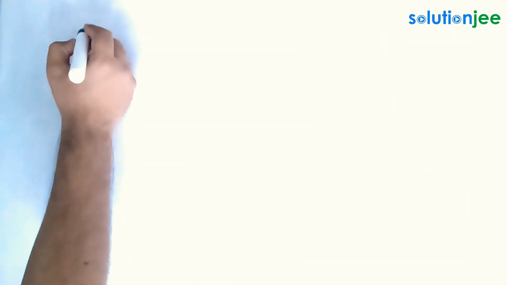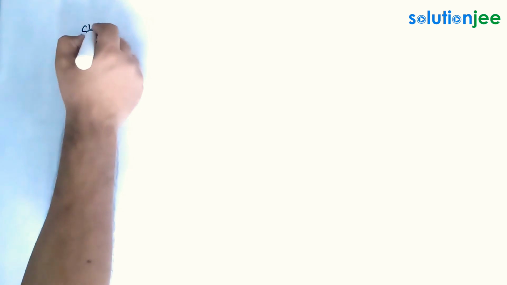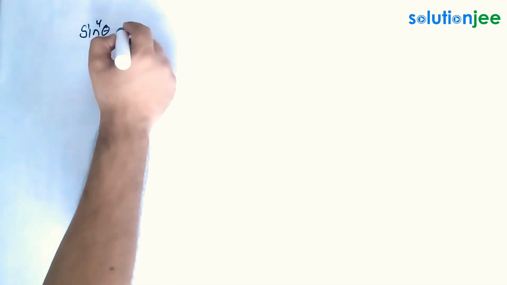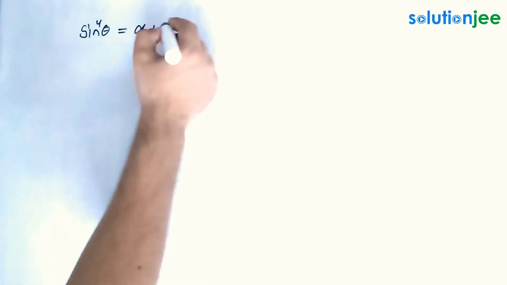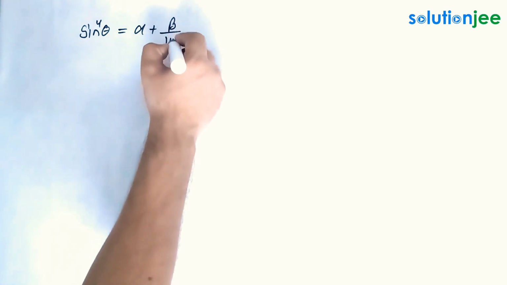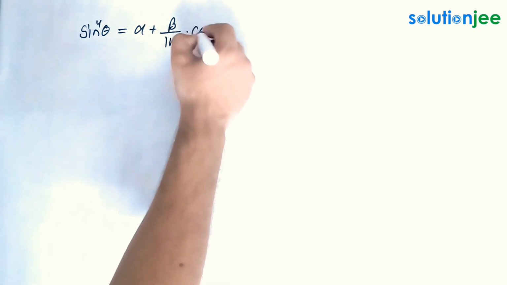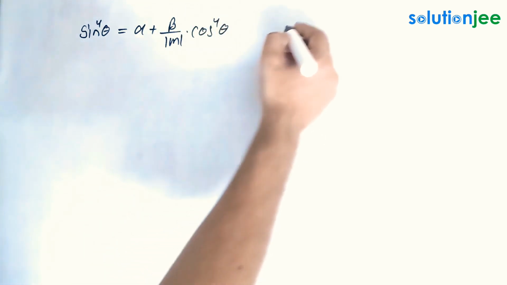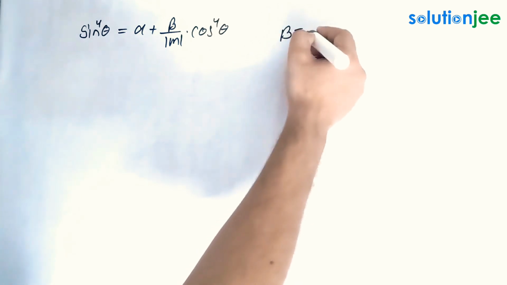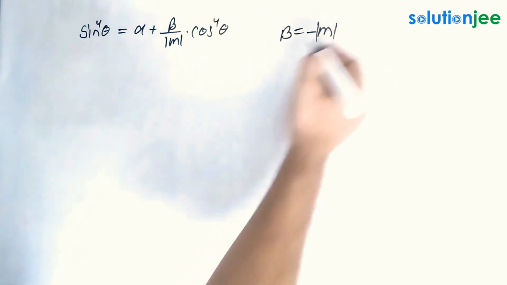Now for the value of alpha, we have sin raised to power 4 theta, which is equal to alpha plus beta divided by determinant M cos raised to power 4 theta, and put beta equal to minus determinant M here.